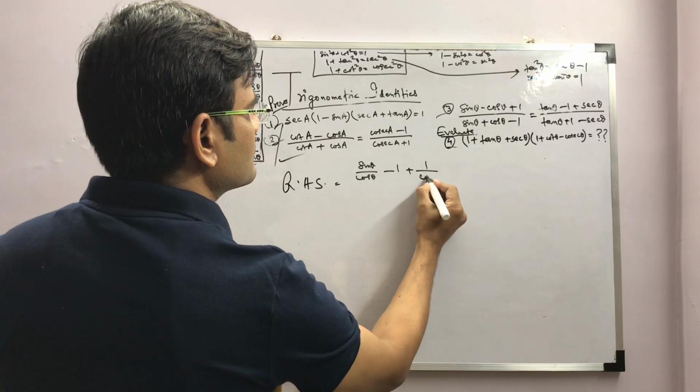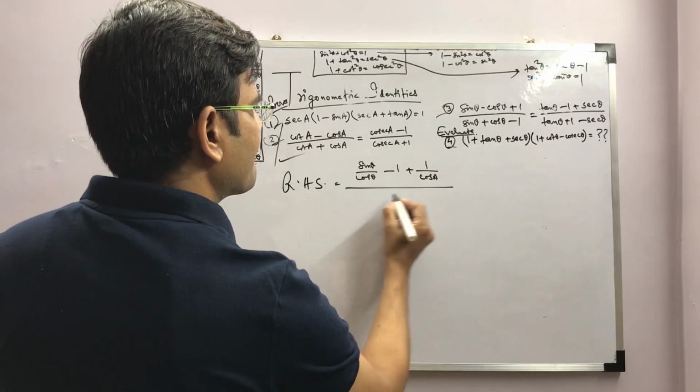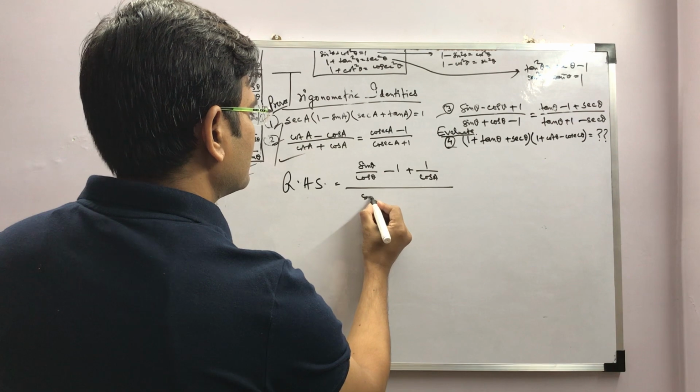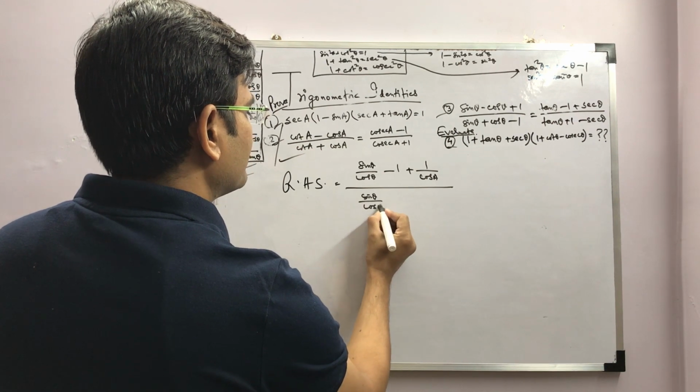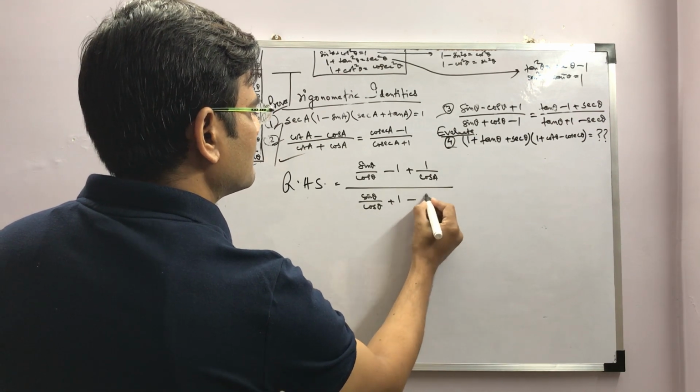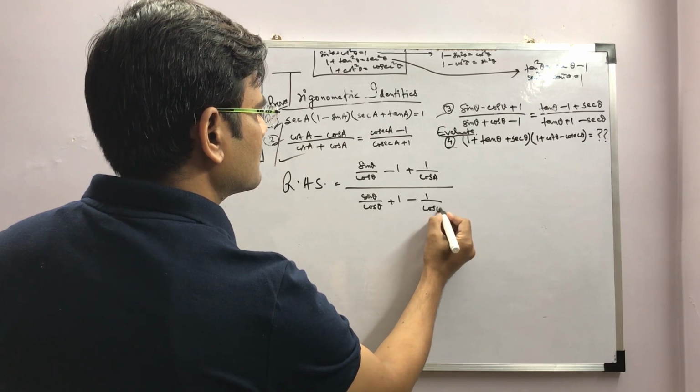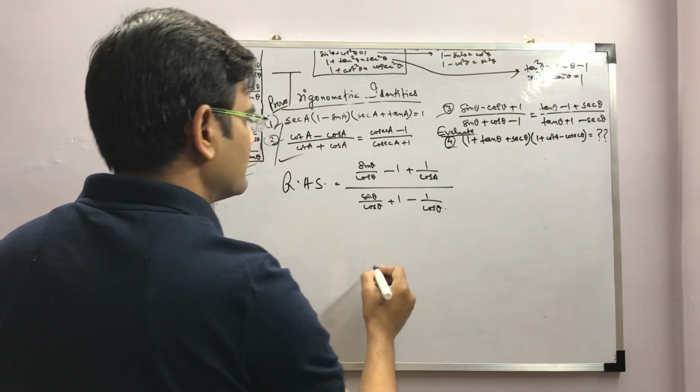Sec theta is 1 by cos theta. Sin theta by cos theta plus 1 minus 1 by cos theta. Take LCM.